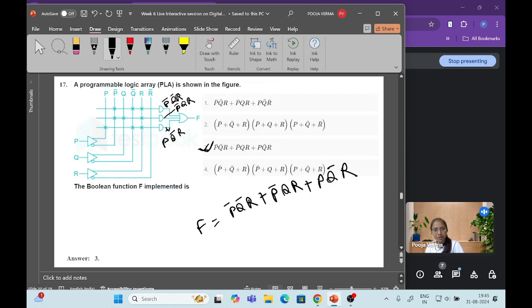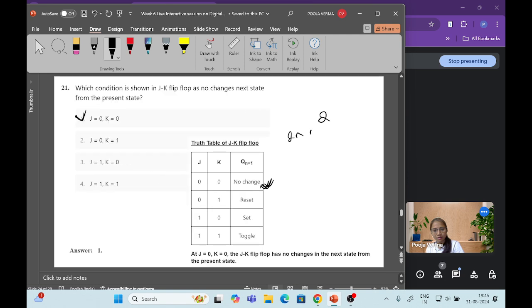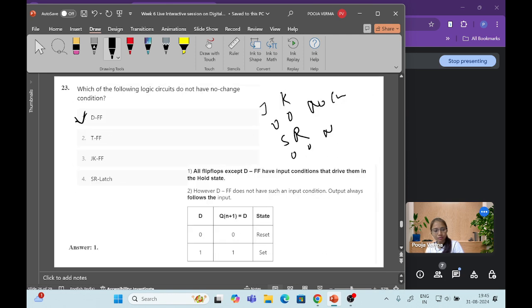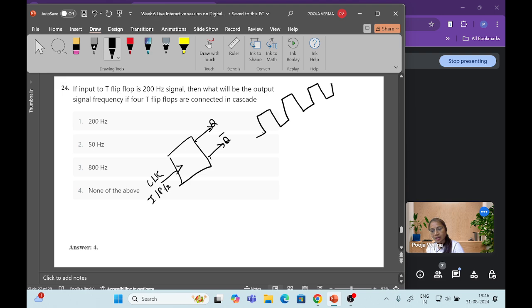I hope you are understanding what I am trying to explain. So from there, the input frequency is f, then the output frequency will be f by 2.